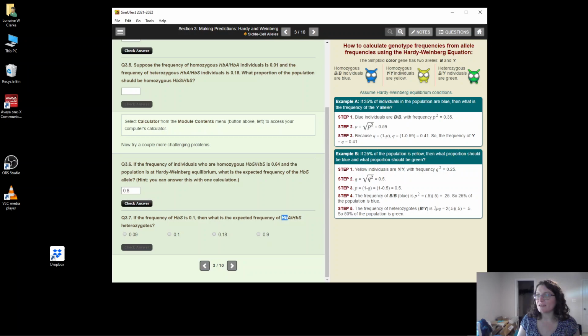What is the expected frequency of these heterozygotes? 2PQ. 0.1, then HBA is 0.9, so 2 times 0.1 times 0.9, okay? 2 times, so 0.1 times 0.9 is 0.09 times 2 is 0.18. Okay? Hardy and Weinberg would be proud if you figured that out.